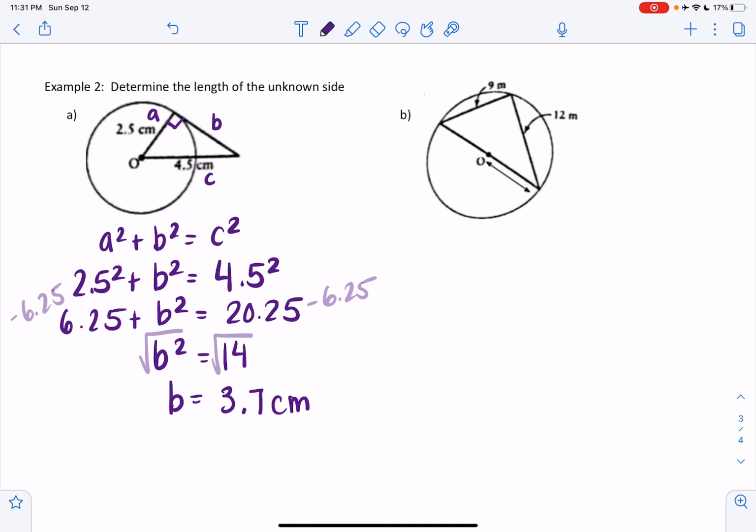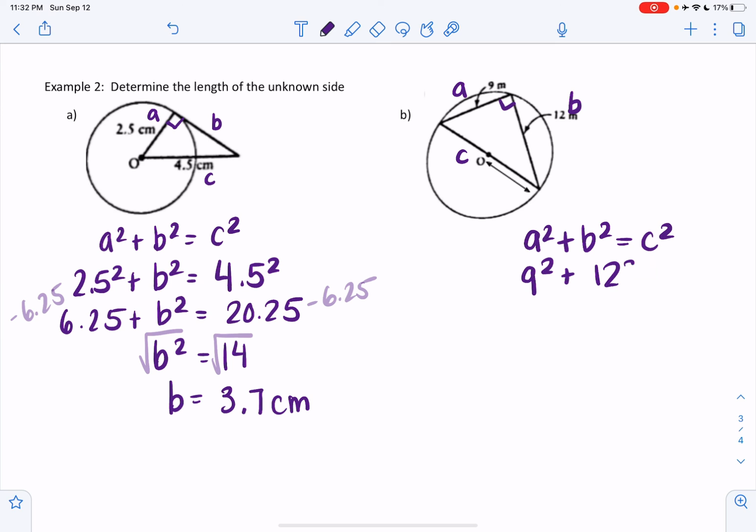Now for our last one, similarly, due to our properties, this has to be a right angle, the one across from the center of our circle. So we're looking for this side here. We have A and B. So A squared plus B squared equals C squared. 9 squared plus 12 squared equals C squared.